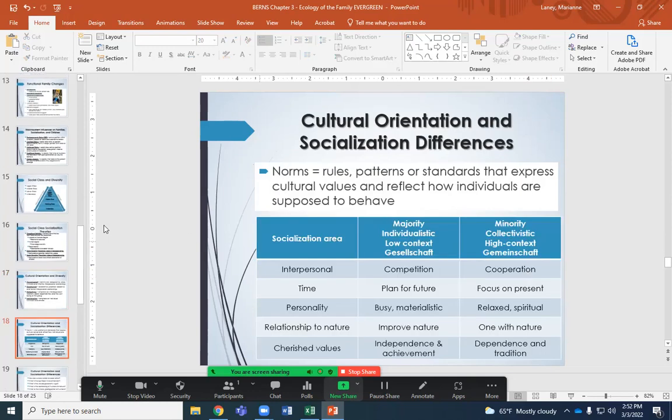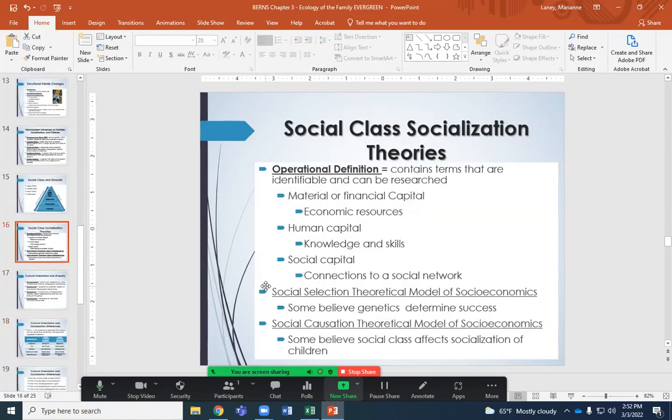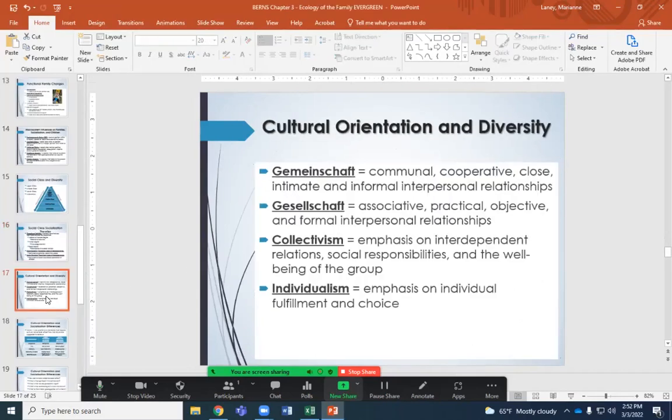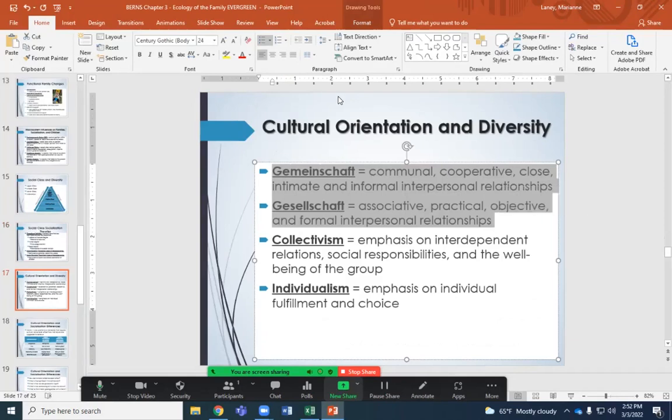And again, sorry, I'm not going to go in too far about social selection and social causation. This book is great, but there are certain things we're going to skip. These are two German words that say something very similar to what we've already learned: collectivism and individualism.